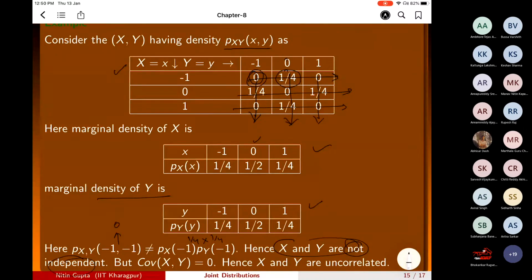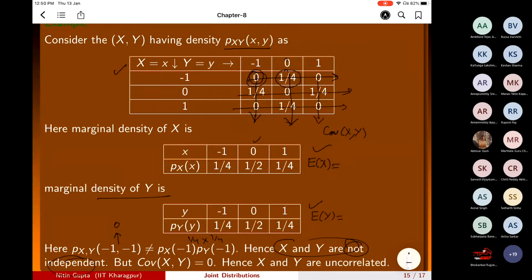But covariance xy, so you can easily see, what is the mean of x here? What is the mean of y here? Can anybody tell? So mean of x is 0.